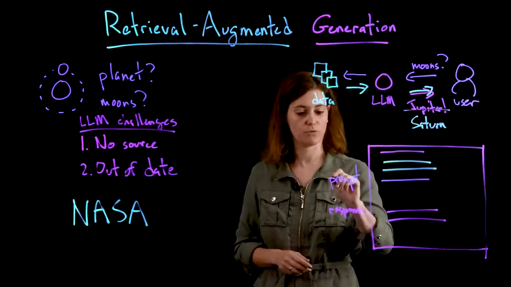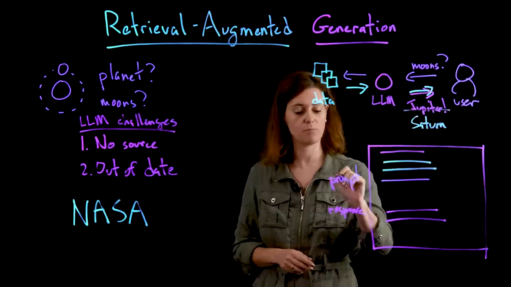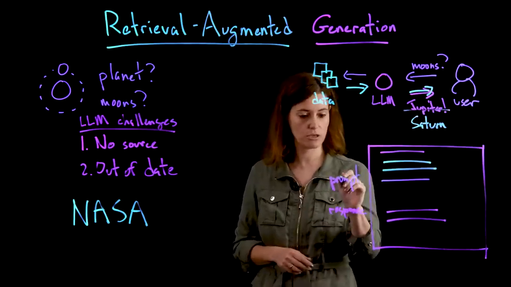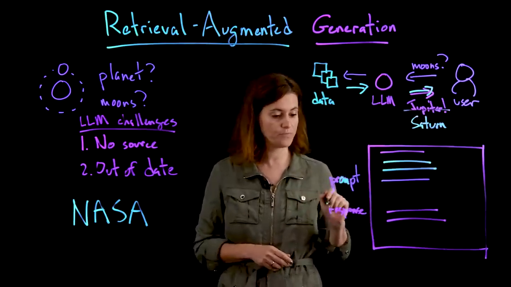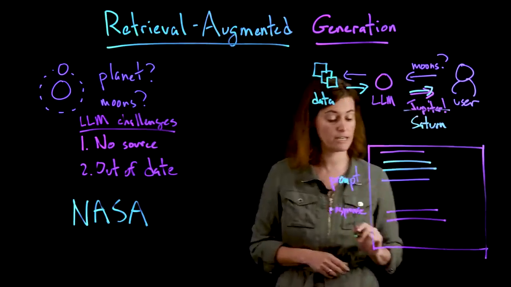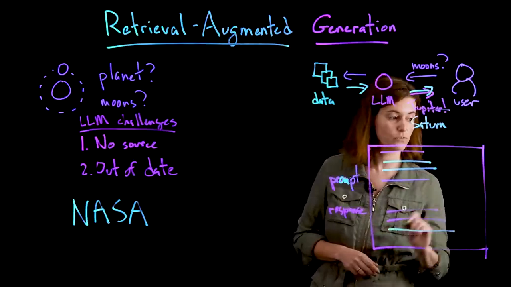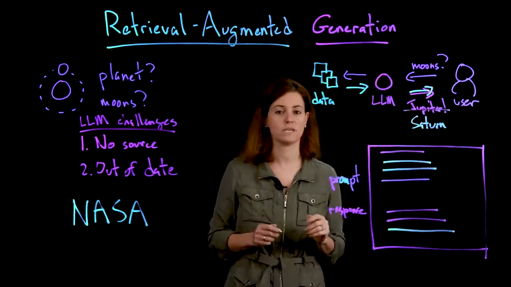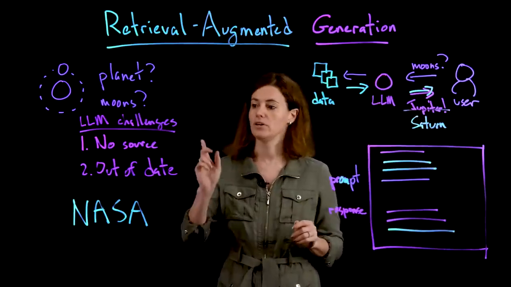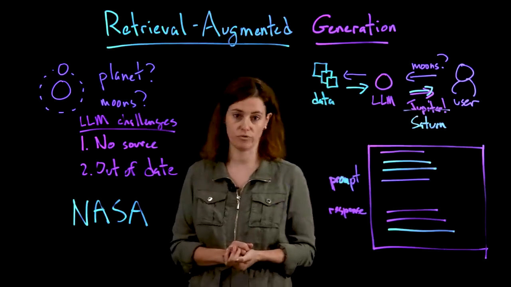So the prompt now has three parts. The instruction to pay attention to the retrieved content, together with the user's question, now give a response, and in fact, now you can give evidence for why your response was what it was. So now hopefully you can see, how does RAG help the two LLM challenges that I had mentioned before?